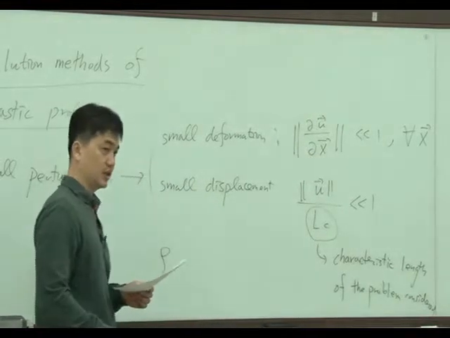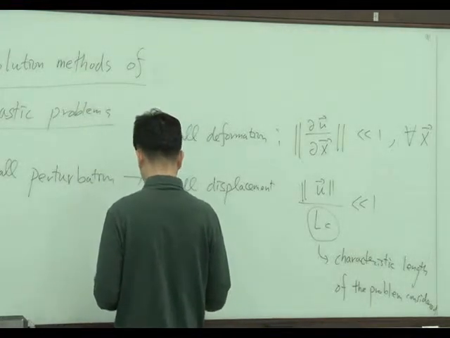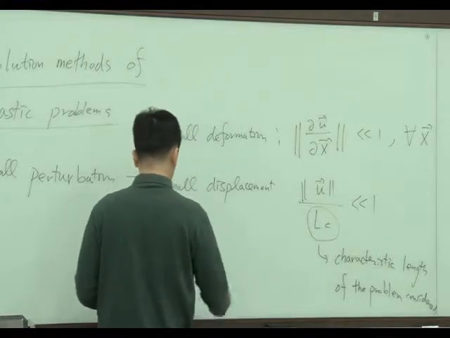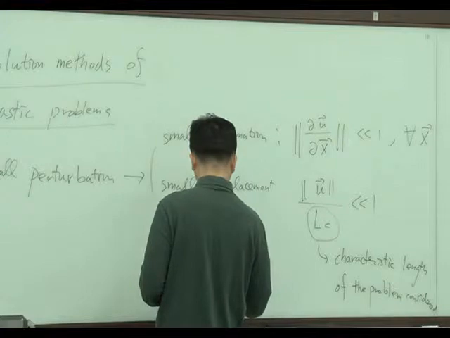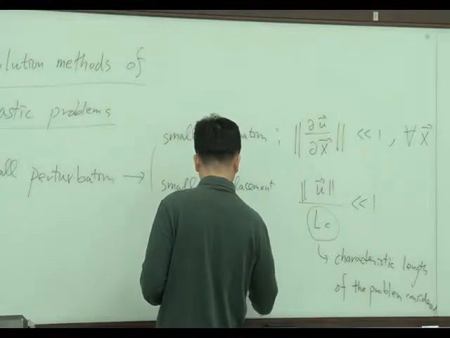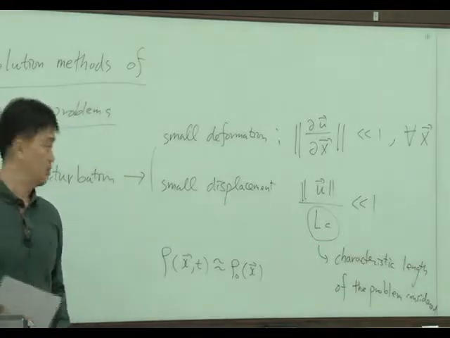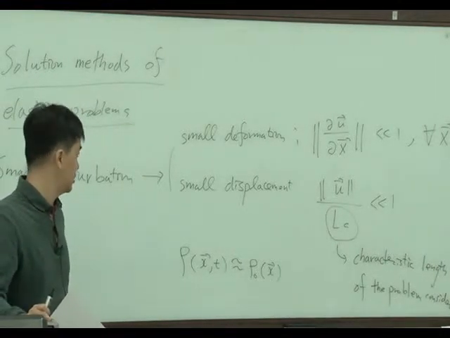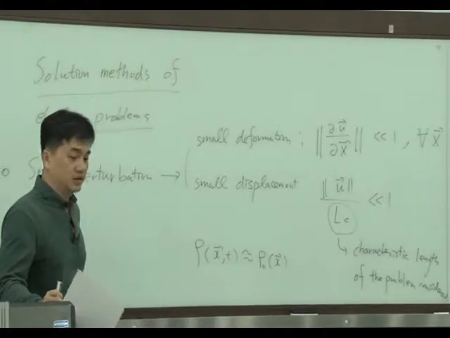Rho is density. Actually, density is a function of space and time. But we will consider density doesn't change about time. So density is only a function of space, right? This is a very widely used assumption.